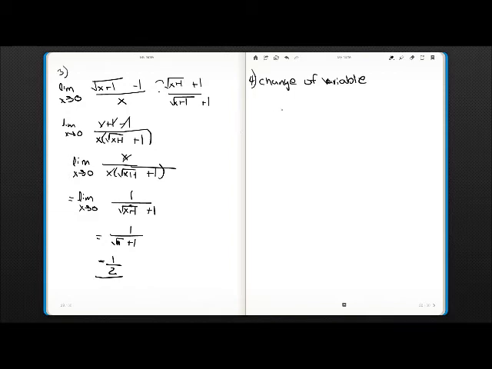Say we're trying to find the limit as x approaches 9 of root x cubed minus 27 over root x minus 3.